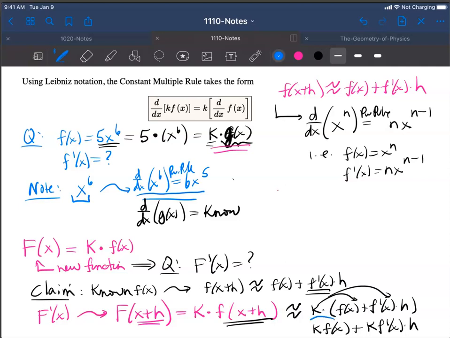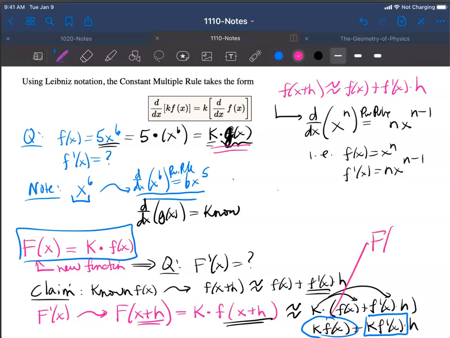Because the constant k times f is this big function F, we can see the quantity in front of the h. What we can say is that big F of x plus h is approximately big F of x plus something multiplied by h, where the term in front of the h is the derivative of the big function big F of x.